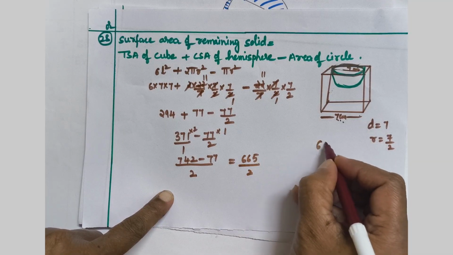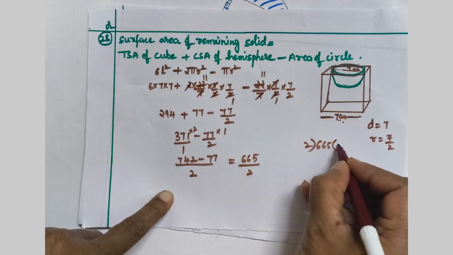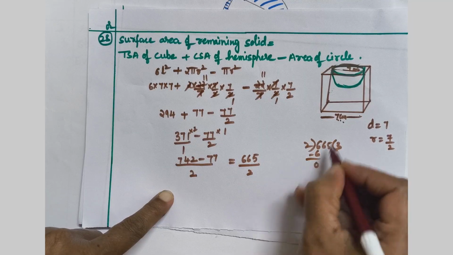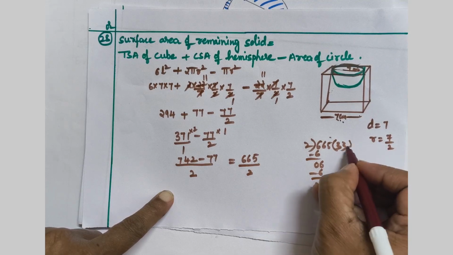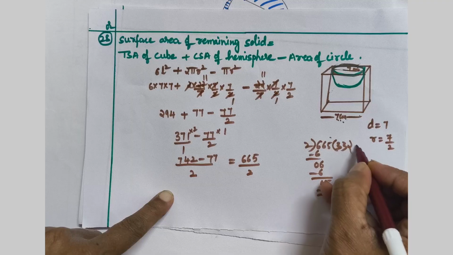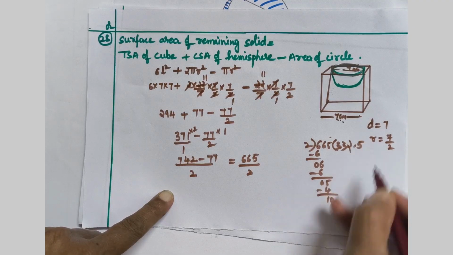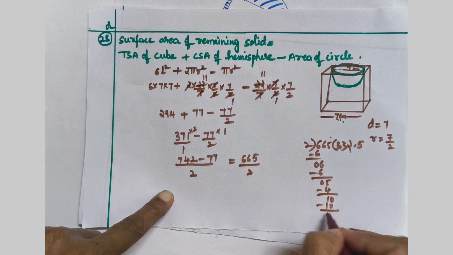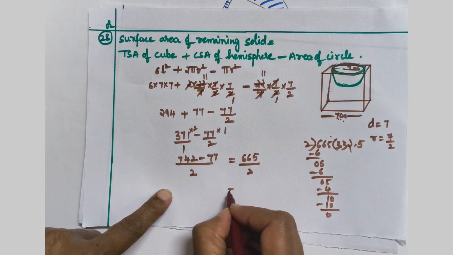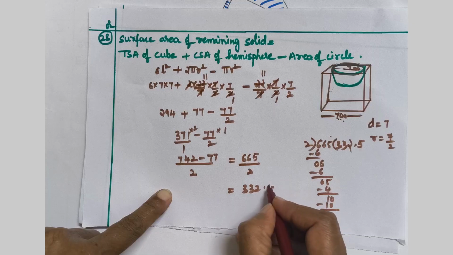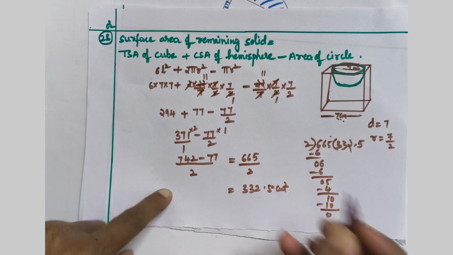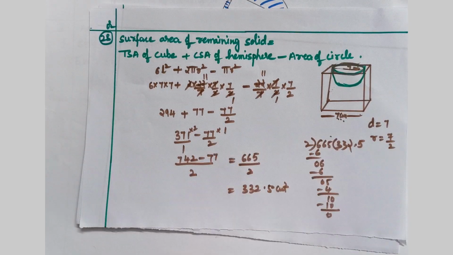So divide 665 by 2: 2 3s are 6, 0, then take 5, 2 2s are 4, 1 remains, 0.5. So 332.5. This is the area. Area, you write in centimeter square. So the total surface area of this diagram is 332.5 centimeter square.